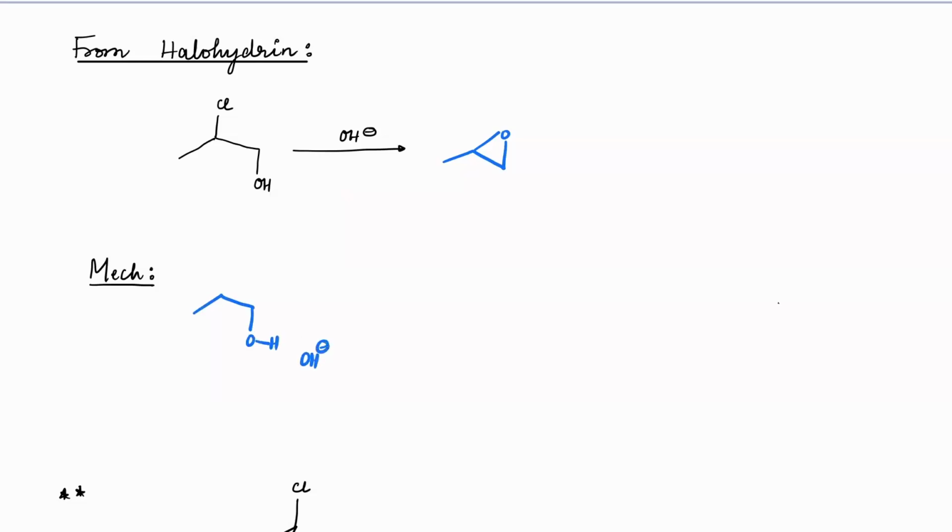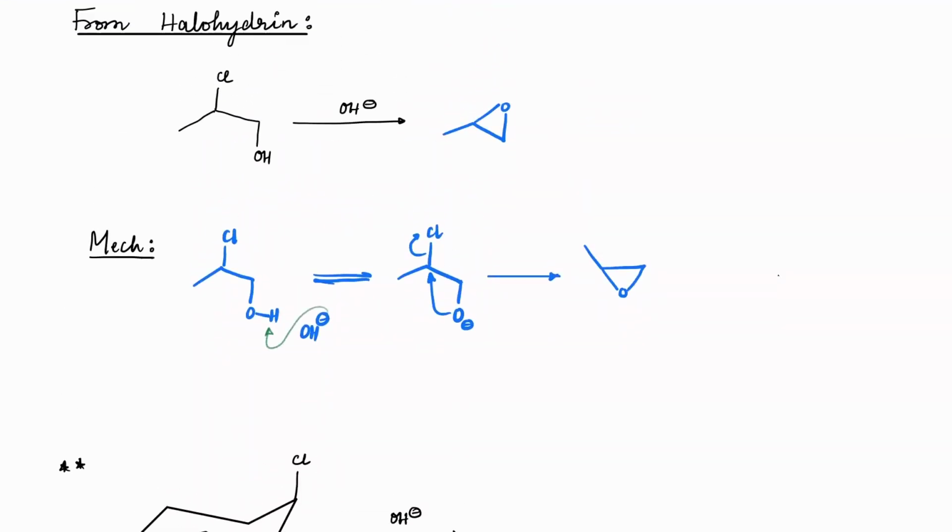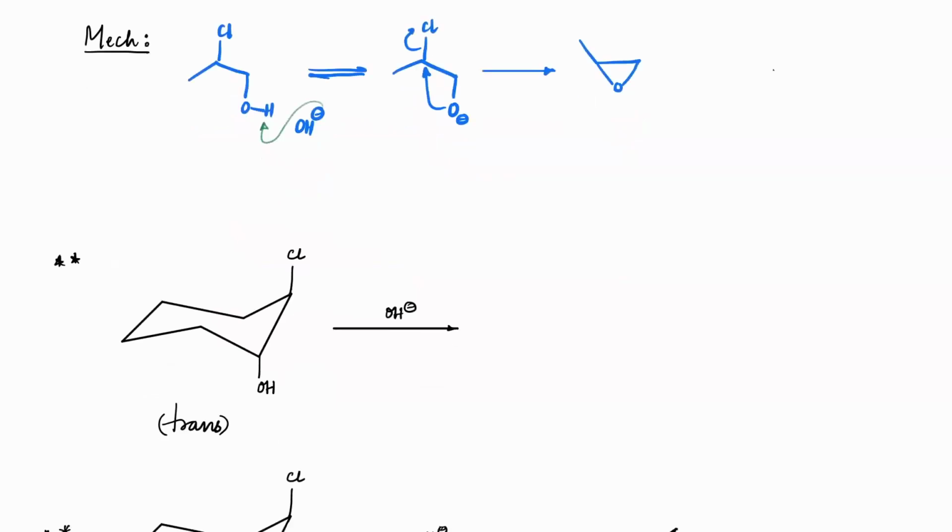OH minus will consume this H plus here by acid base reaction. Got it? Creates an alkoxide here as O minus. Internally, it can attack towards chloride to remove it, and hence we will get this as epoxides. So that's how we can convert halohydrins into ethers.